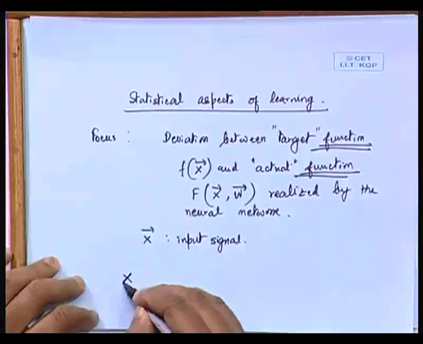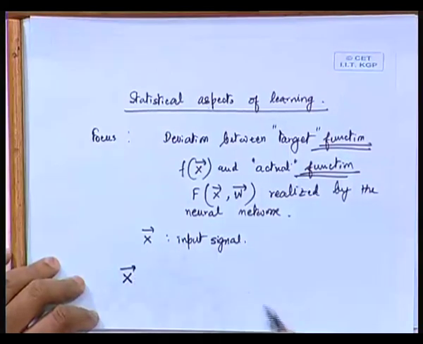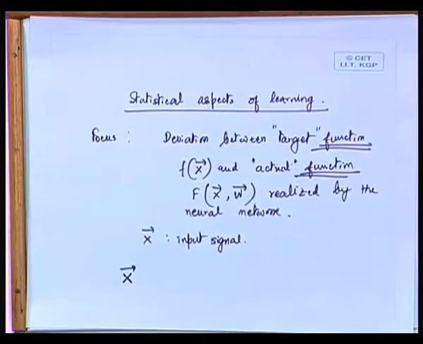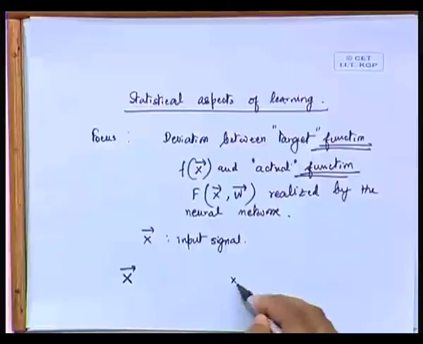Now, we are defining x vector to be an input signal. We can denote it by a capital X vector, which is nothing but a random vector, a random variable vector, where the instances of that vector are the xi vectors.